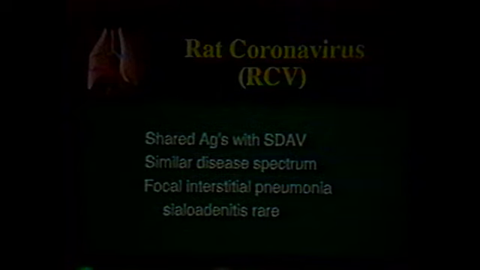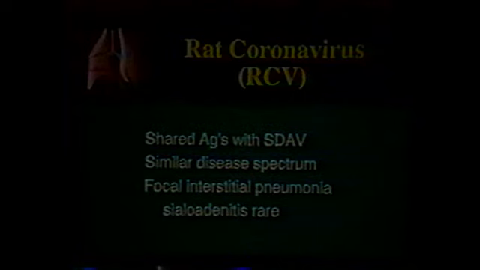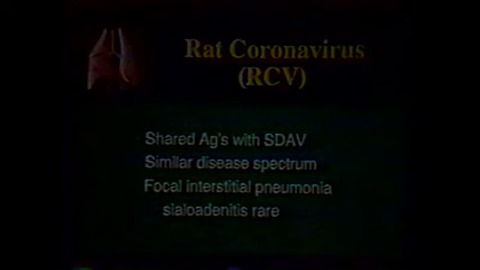It does tend to produce subclinical disease with the same sort of spectrum that we see with SDAV infection. Both adults and weanlings may be involved. In this case, I think the disease may be fatal in weanling rats, but they rapidly develop resistance to it, so that by 7 days the ability to produce a fatal infection is greatly curtailed.